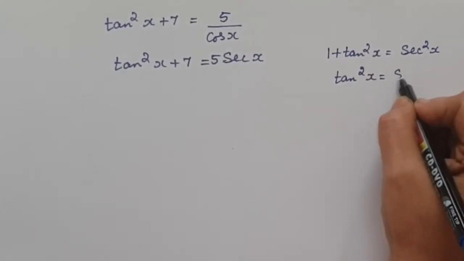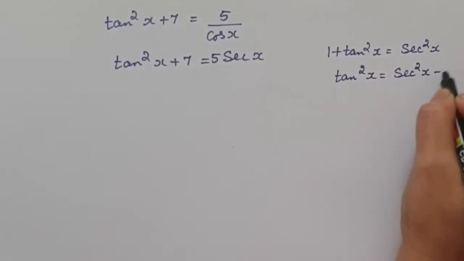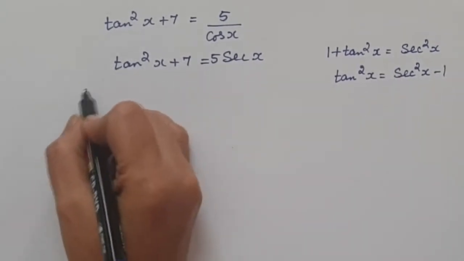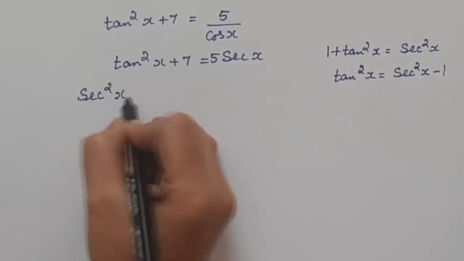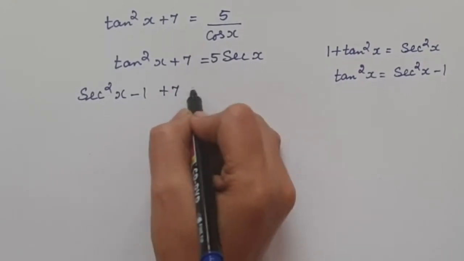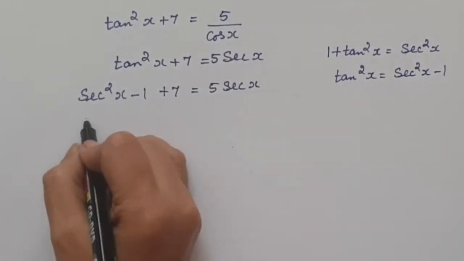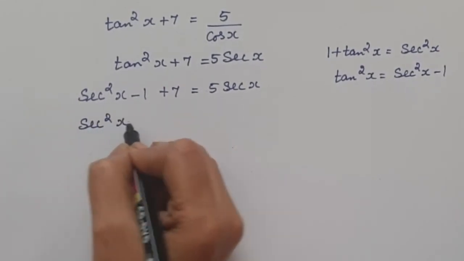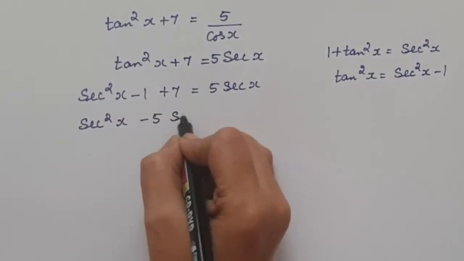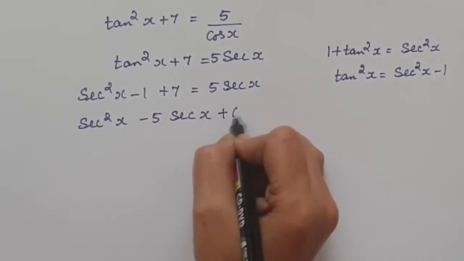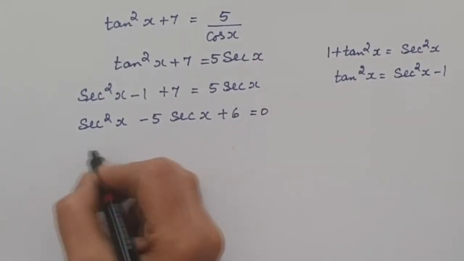Tan squared x will be equal to secant squared x minus 1. So instead of tan squared, we replace this. So it is secant squared x minus 1 plus 7 will be equal to 5 secant x. When we rearrange it, secant squared x minus 5 secant x plus 6 equal to 0.